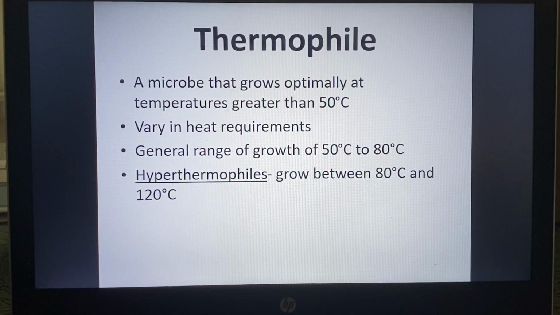We actually take advantage of this when we talk about DNA testing, because the way that DNA testing is made really specific is because we use an enzyme from a bacteria that only grows basically in volcanoes and hot vents, and that's what allows DNA testing to be so specific. So we're very thankful for thermophiles, but you will never see them infecting one of your patients or infecting you, because they need it to be way too hot.